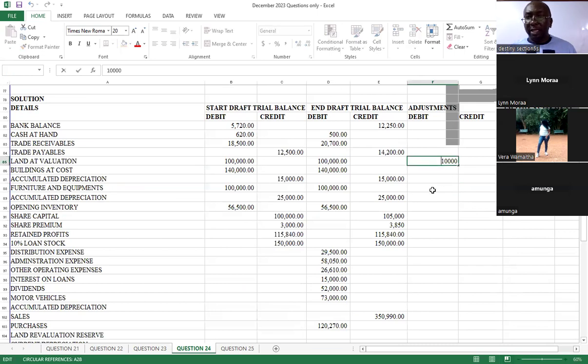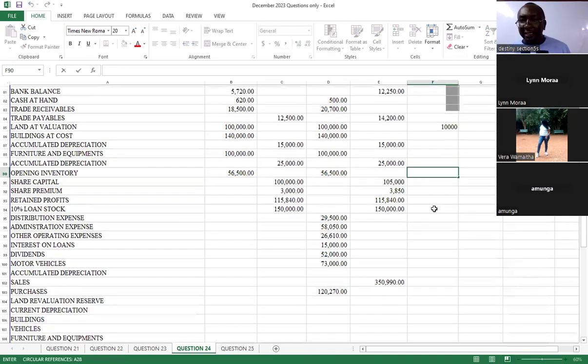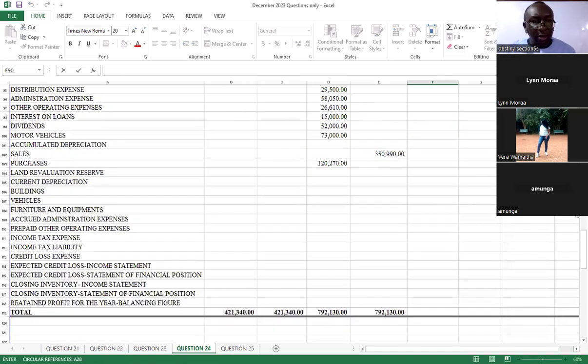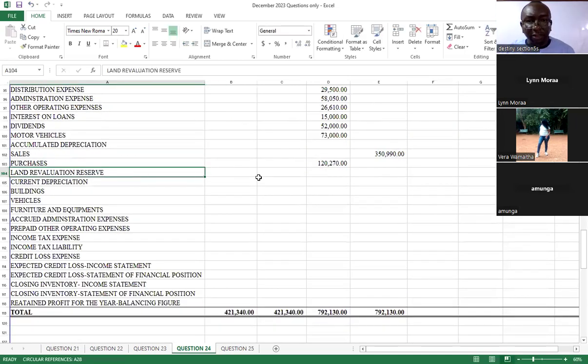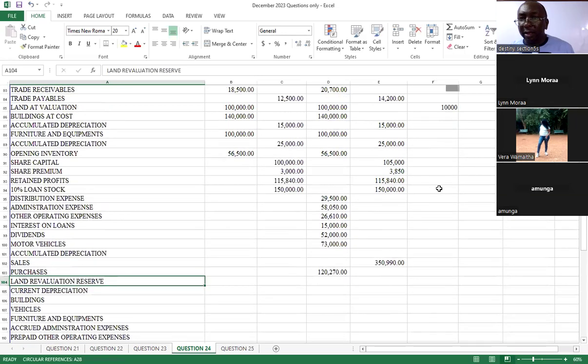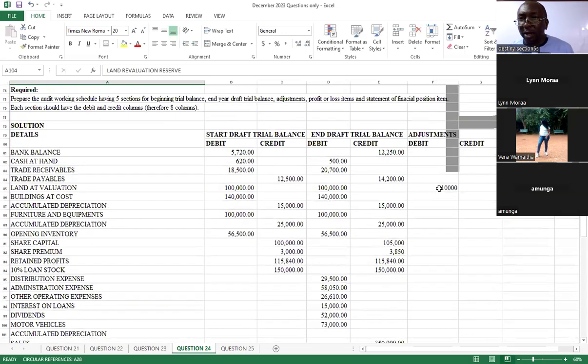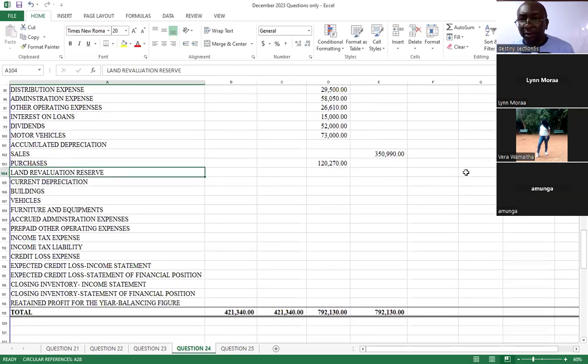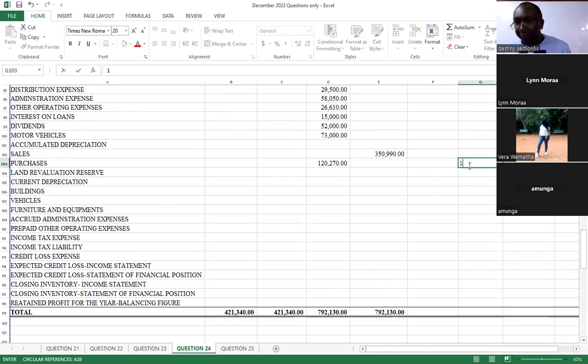Then we go and credit the revaluation. RAD revaluation reserve, this one. Let me see, this is column F. So we come and credit the 10,000.